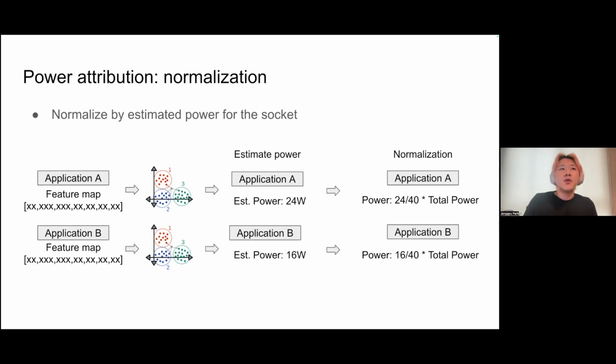And the total socket power is also obtained via our machine learning model instead of using RAPL in real time. So our tool does not rely on RAPL at all after the training process, so we expect the tool can be used inside virtual machines or inside containers. By doing so, we can estimate the CPU power consumption of individual applications.